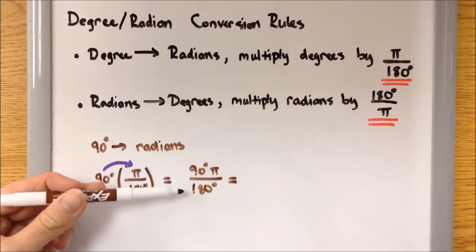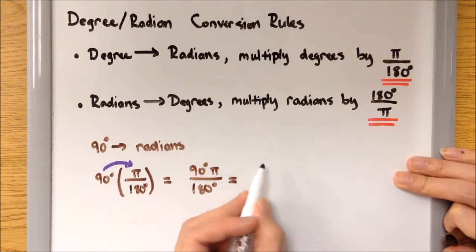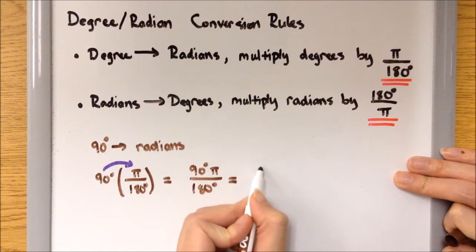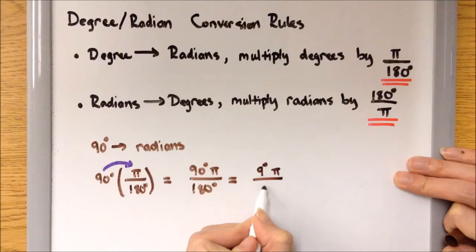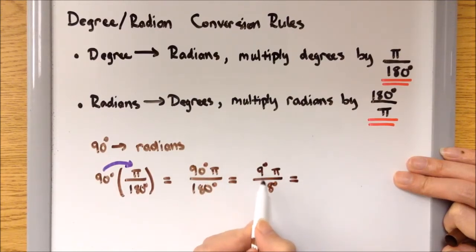So, 90 over 180. If I were to simplify to make it look easier, I can remove the 0 because they're both divisible by 10. So 9 degrees pi over 18 degrees. And then, focusing again on the numbers, 9 degrees over 18 degrees is basically 1/2.